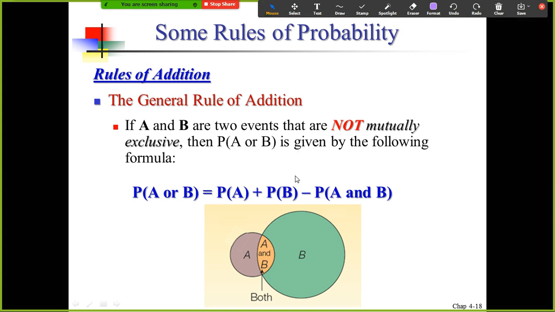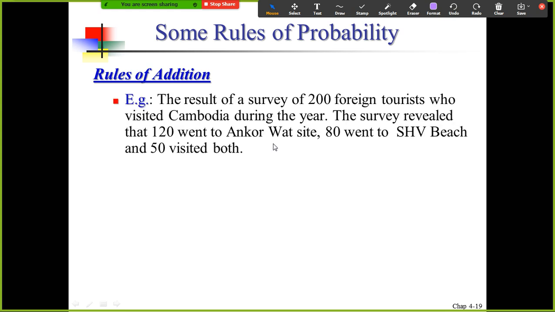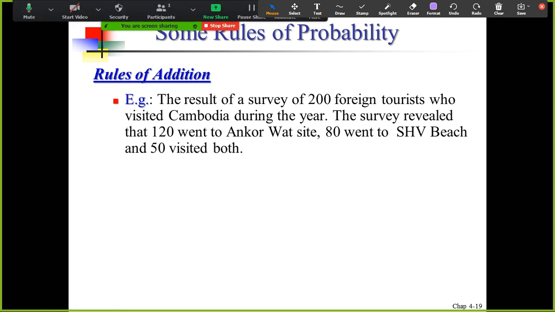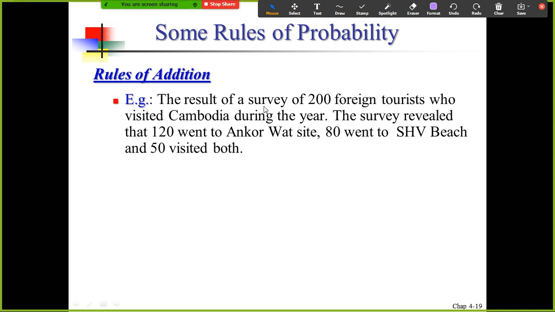Now we study the special rule of addition. We have one example. For example, we conduct a survey by asking foreign tourists who came to visit Cambodia during the year, maybe on a holiday or during festival days. We surveyed 200 foreign tourists who visited Cambodia during the year.